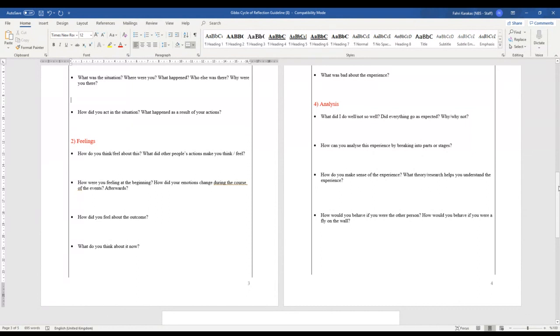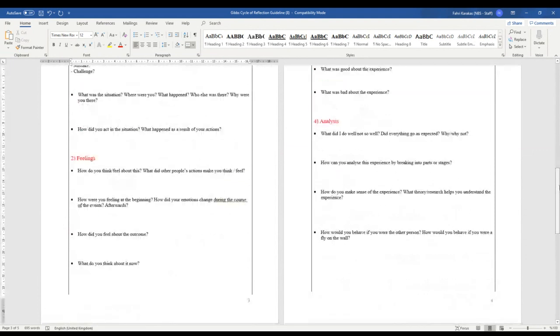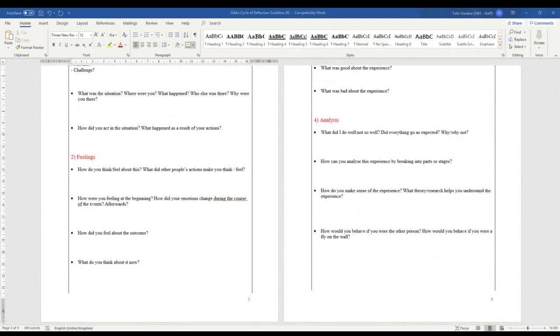So track your emotions. How were you feeling before the event, during the event, after the event? And when you look back at this episode, how are you feeling right now?